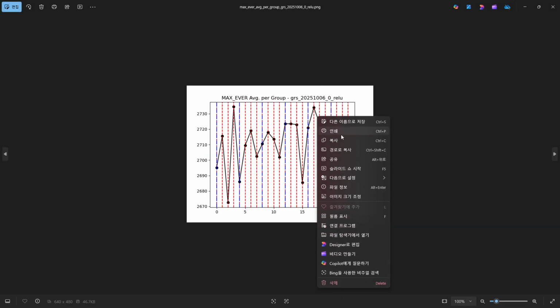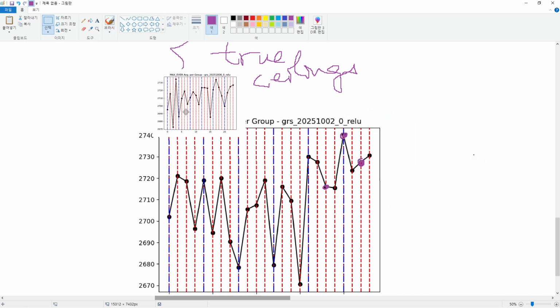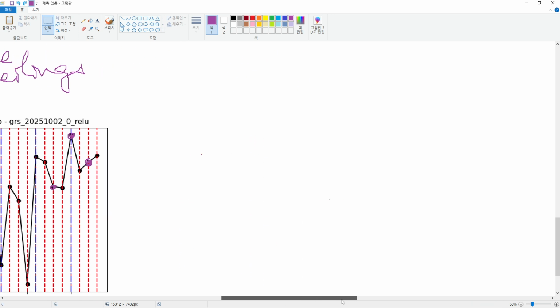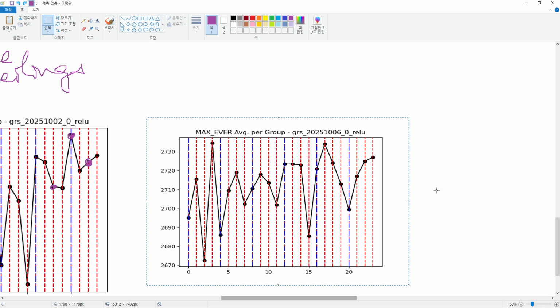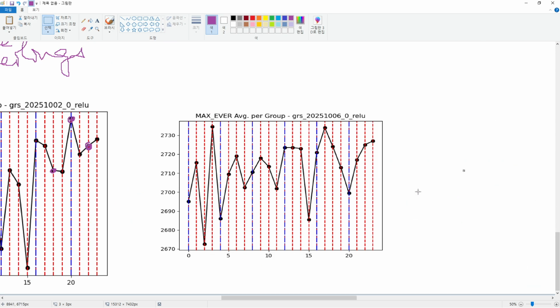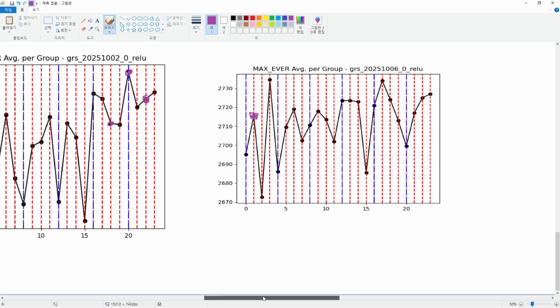Let's have a look at this one. So this is for the, oh god, this is for the second one. This is for the second one, and the second 10 entity ratios gave me. So it's this one. Oops. So it's this one right here that gave us the true ceiling.